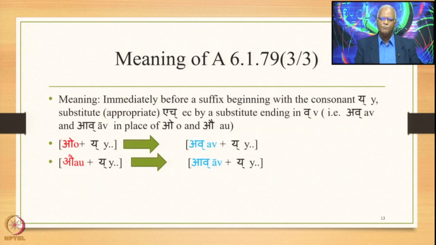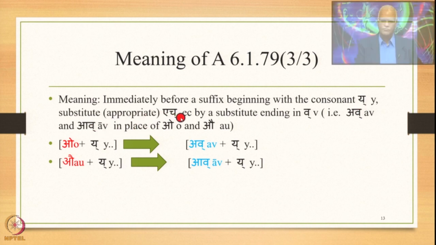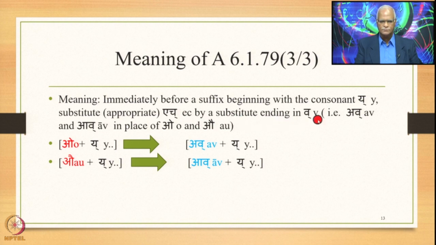Now after having applied this paribhasha, the meaning of 6179 is clear to us, and that meaning is this: immediately before a suffix beginning with the consonant ye, substitute the appropriate h by a substitute ending in v, that is av and au as the substitutes.